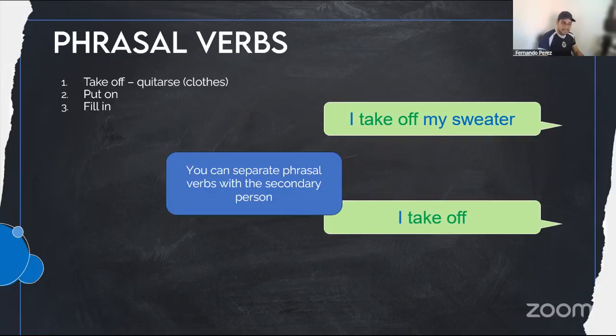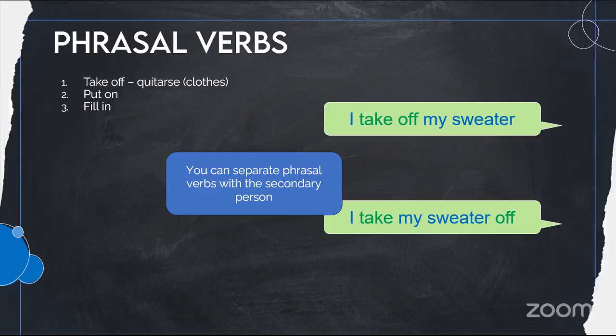So you can say, I take my sweater off. Do you see the application of phrasal verbs? I know, right? Hashtag English. And both are correct. I take off my sweater or I take my sweater off. Both are correct.